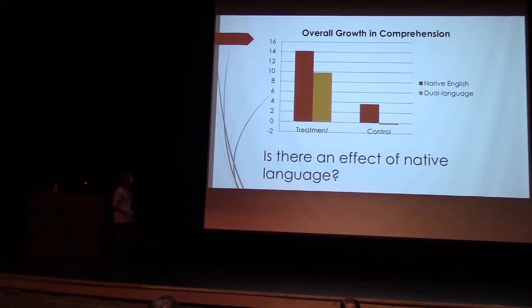And then finally, this is the overall growth on comprehension, because comprehension has to be our ultimate goal. Again, look at our native English speakers in comprehension: because of background knowledge, they're doing better. But our dual language learners are doing beautifully and growing rapidly.